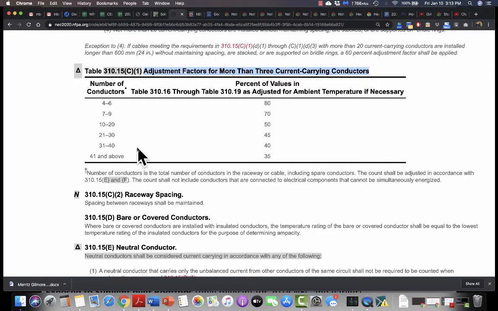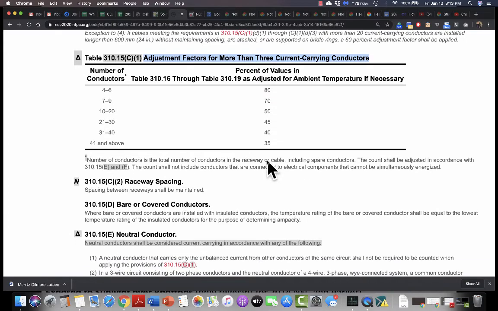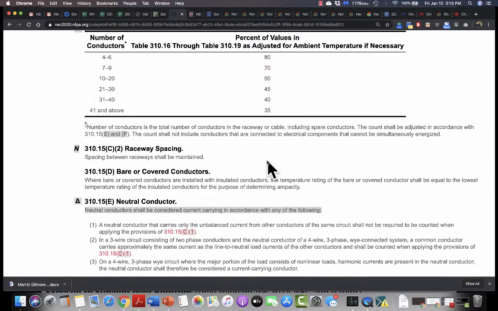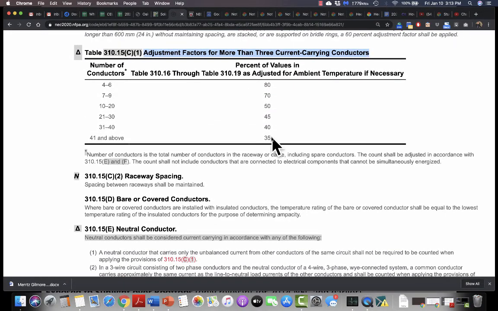And then we go up here, and you can see if you put a whole bunch of conductors in conduit, like maybe a bunch of PV source circuits, and also you would have to go greater than 24 inches, all of a sudden you are derating by this huge factor, and you could only carry 35% of your current. And so that is kind of nuts to be putting that many conductors in conduit unless you really oversized your wire.